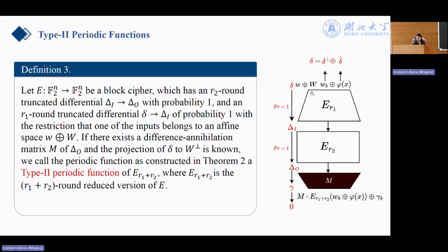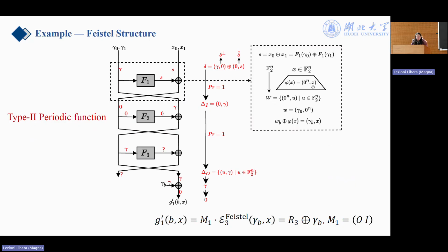And this is a figure we can use to directly understand this type of practical function. For example, considering the Feistel structure, the practical function of the 3-round distinguisher is a type 2 practical function.